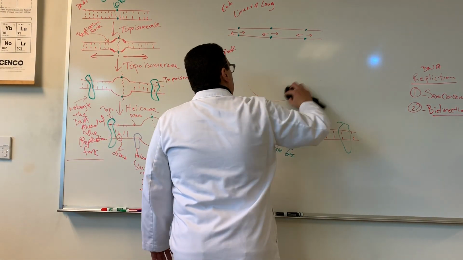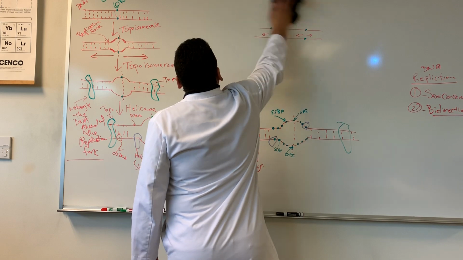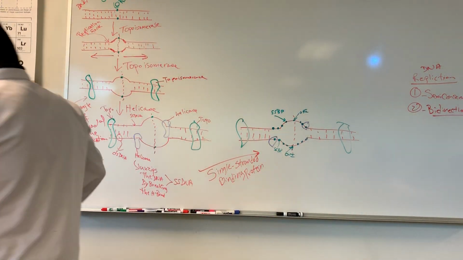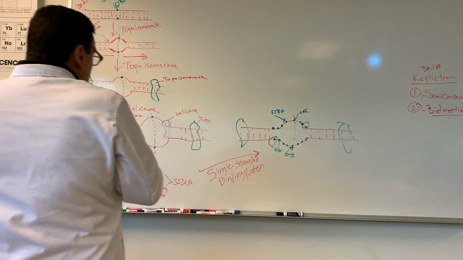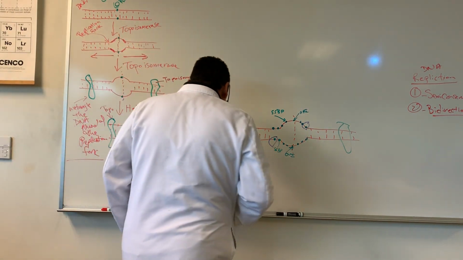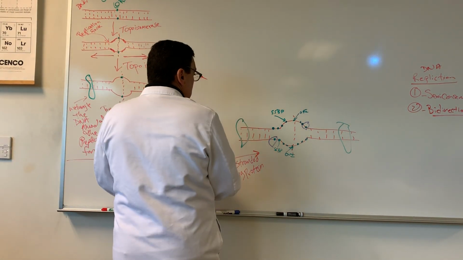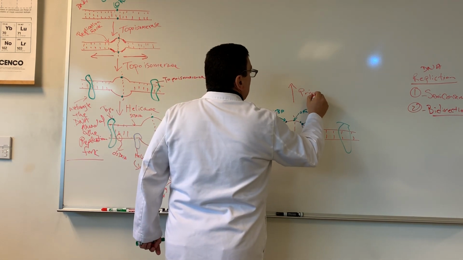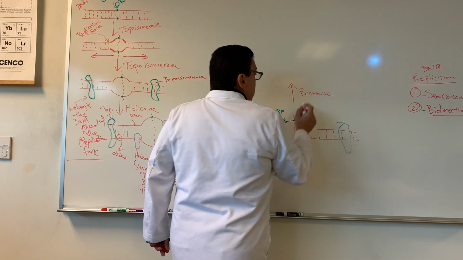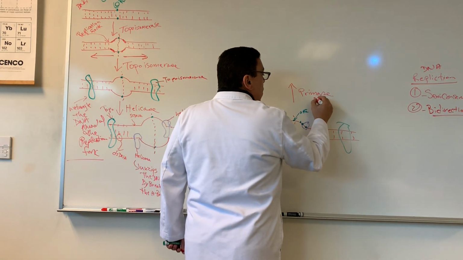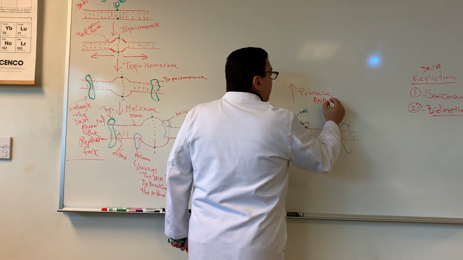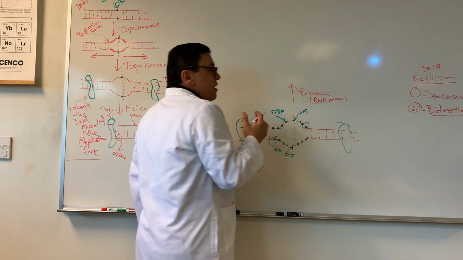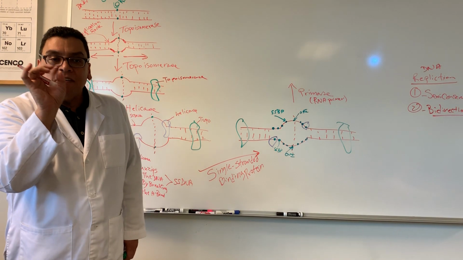All right, the next one that comes into play is an important one. It is an enzyme called primase. This enzyme makes what is called an RNA primer, which is a fancy way of saying a small piece of RNA.